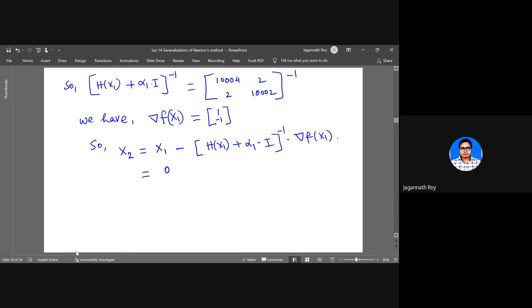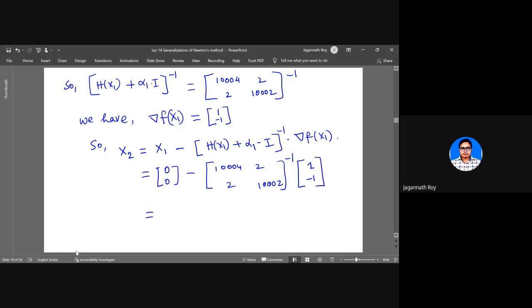So this is nothing but 0, 0, then we have 4, 2, 2, 2 plus 10 to the power 4 times the identity, inverse, and we'll multiply by 1, minus 1.